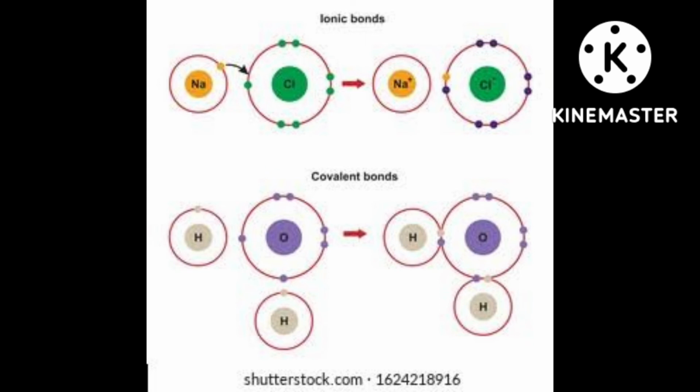This angle between the orbitals containing bonding electron pairs around the central atom in a molecule or complex ion is called the bond angle.